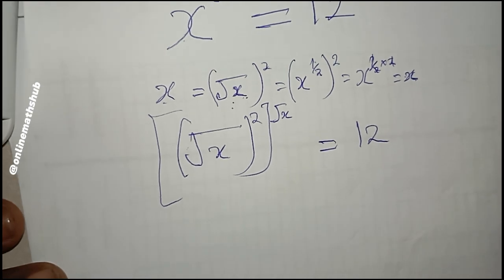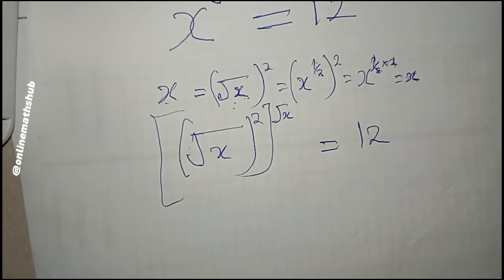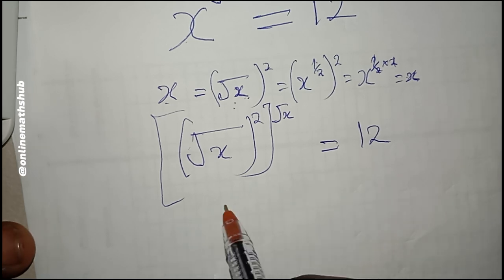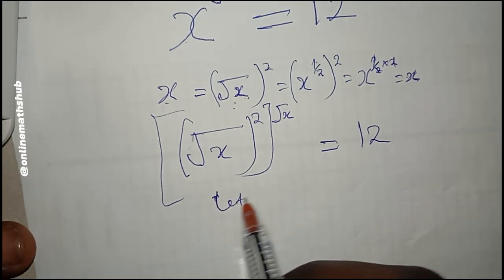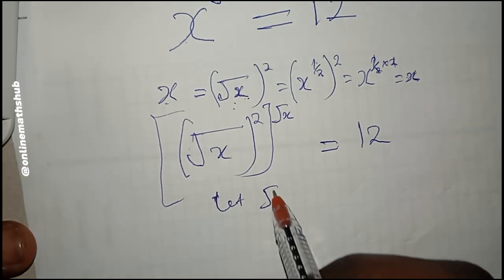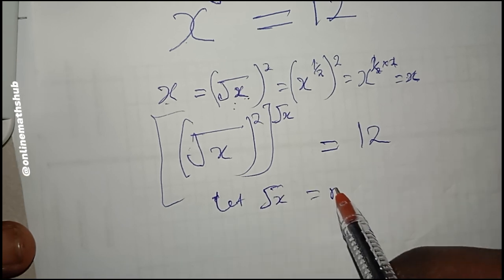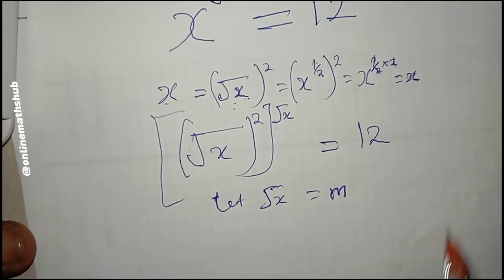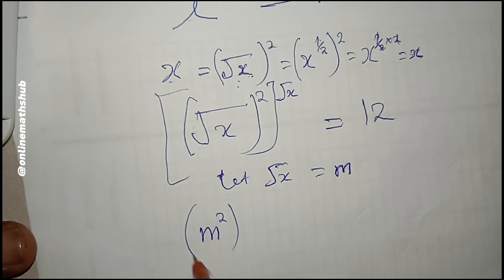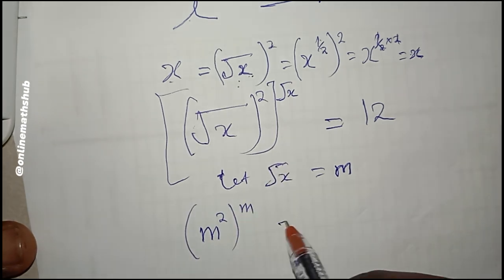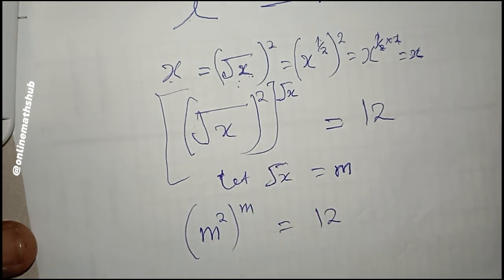The next thing I want to do is make some substitutions so that I can find it more convenient to solve. Let me set root x to be equal to m. When we do that, the equation now changes to m squared, and then power m is equal to 12.